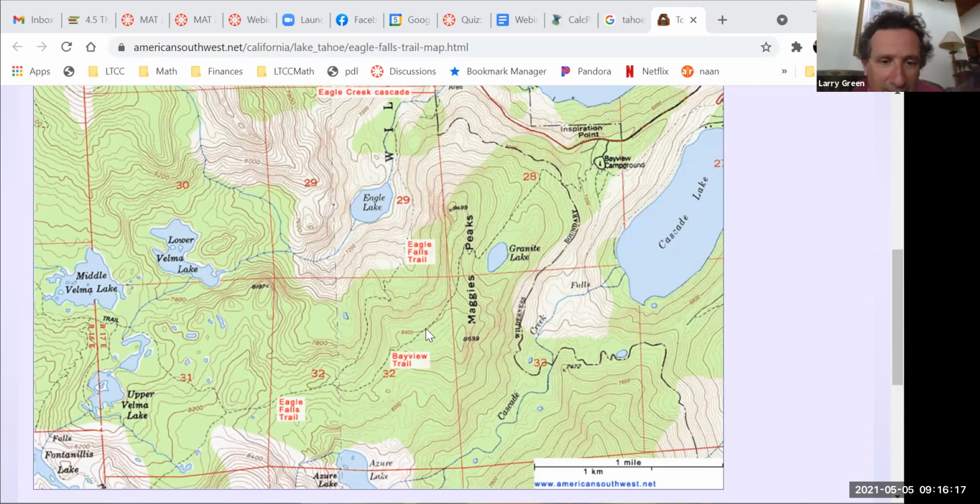Any questions on that idea? Any questions? Okay, well, how do we do that? That's the big question. My guess is that if you were there, what you would do is look at the trail.